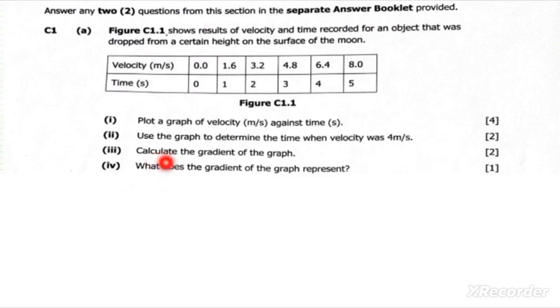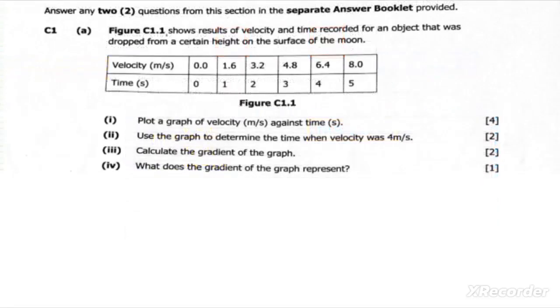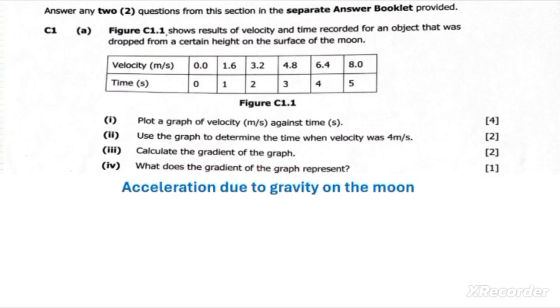We have calculated the gradient, which is 1.6. Okay, the next question is this: what does the gradient of the graph represent? So the gradient of the graph represents acceleration due to gravity on the moon.